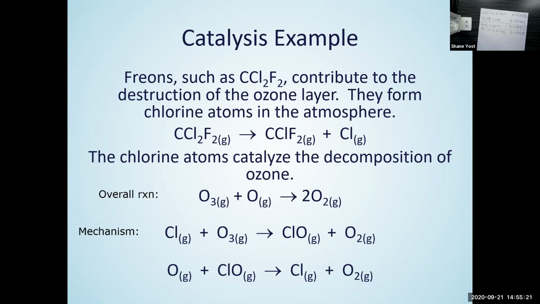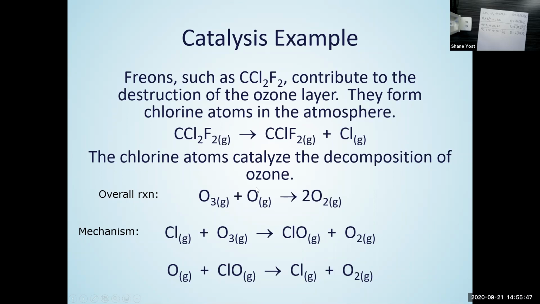So you look at these two elementary steps added together. You will get the overall chemical reaction if you add these two reactions together and cancel out common things on the reactant and product sides and simplify. And we see here that Cl is consumed in our mechanism and then produced later on. So that is a catalyst.